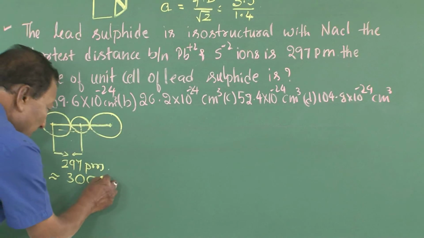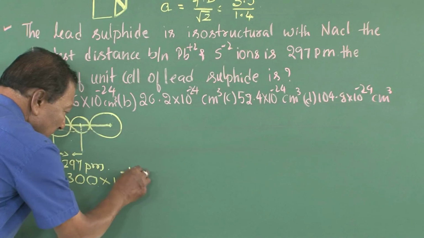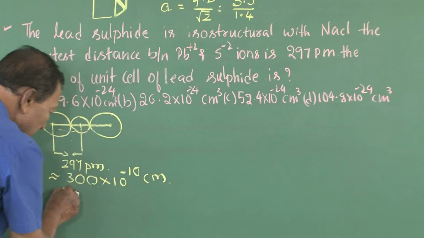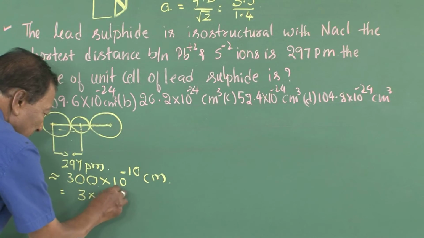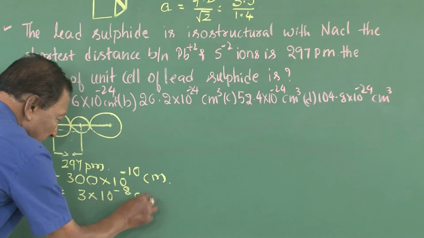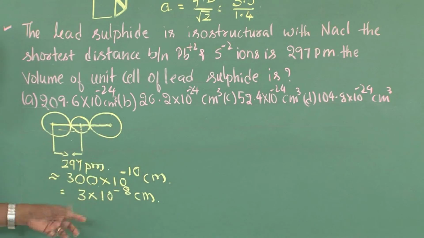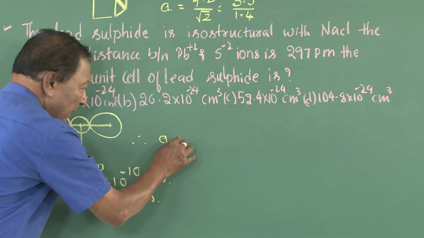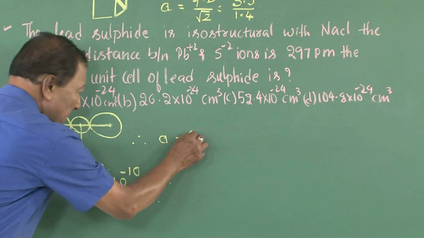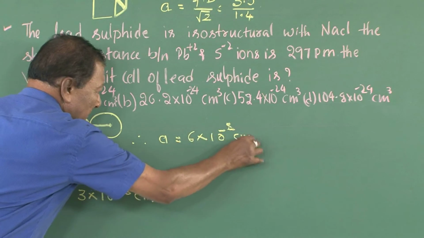Therefore, it is 300 into 10 raised to minus 10 centimeter, or I can put it as 3 into 10 raised to minus 8 centimeter. This is half. And for the entire edge, I double it. Therefore, edge, that is a, equals 6 into 10 raised to minus 8 centimeter.